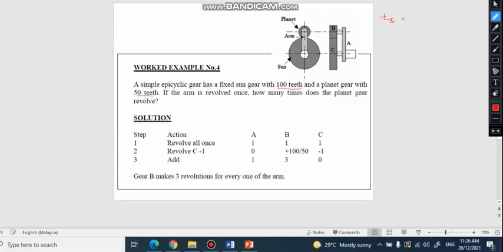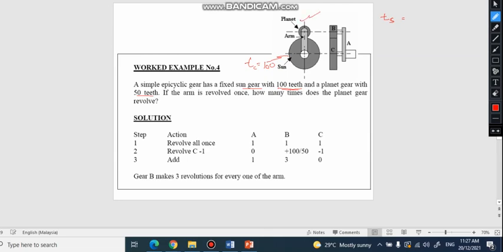Let's look at an example on a simple epicyclic gear. A simple epicyclic gear has a fixed sun gear with 100 teeth. This is the sun gear, called C, so TC equals 100. And a planet gear with 50 teeth.